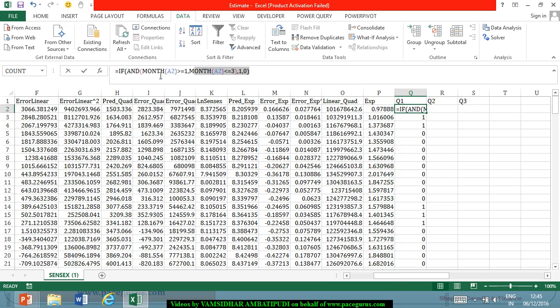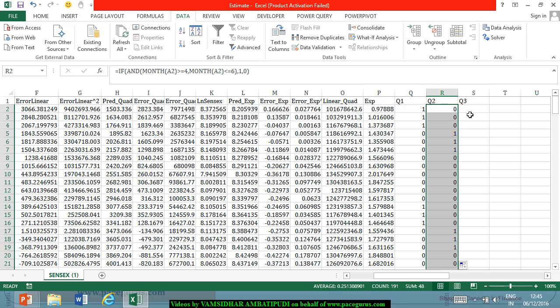This same formula I'll copy and I'll change some of the internal stuff here. So when I'm saying Q2, it's greater than or equal to 4 and less than or equal to 6. So this is where I'll set the Q2. For April, May, June, it's coming out as 1, and for all the other months, it's coming out as 0.